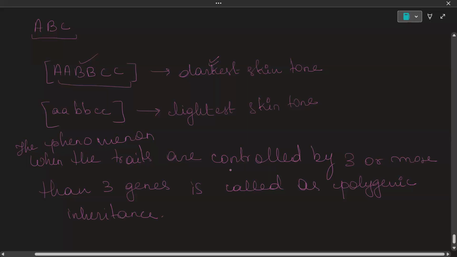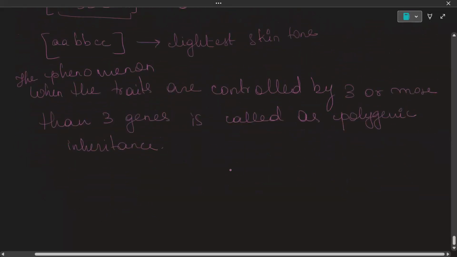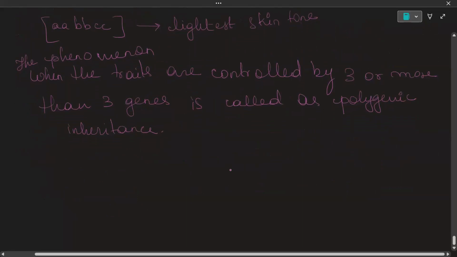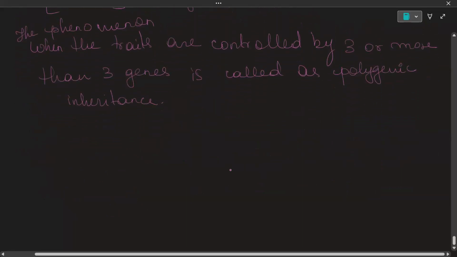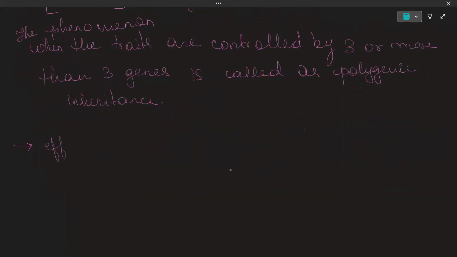Yes, ma'am. So here, what is the effect of all sorts of alleles? Changes the phenotype. Yeah, so you can say that the effect of each allele present is additive. It gets added and then it contributes to the phenotype.